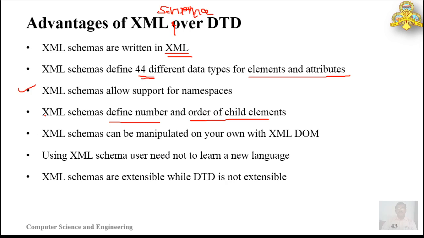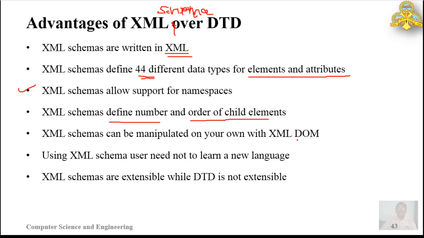If first name, mid name and last name are child elements for the person's name, then the order of the child elements is very important, because while parsing the information we need the sequence of the child elements in the correct order.